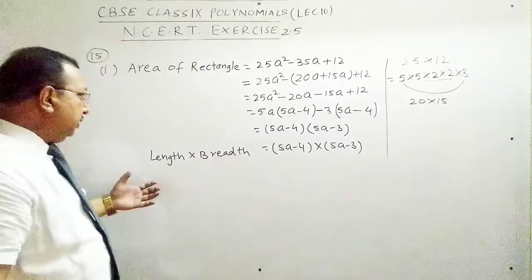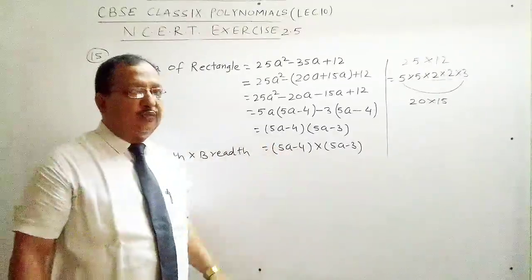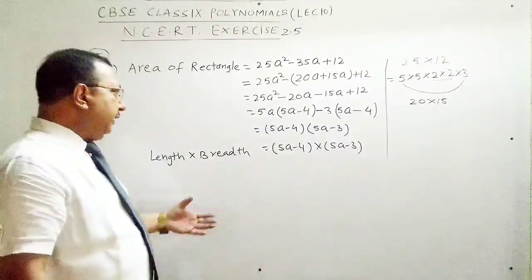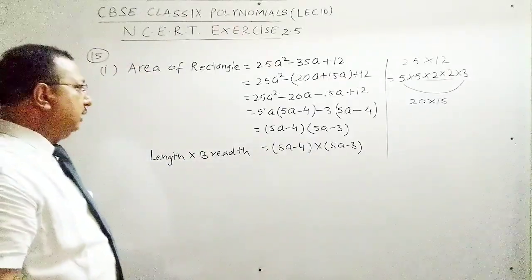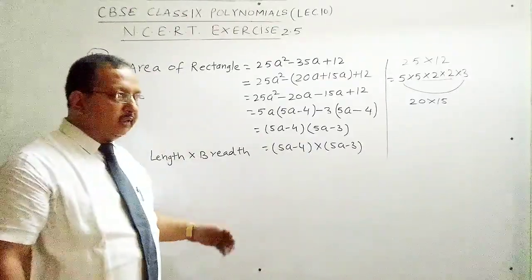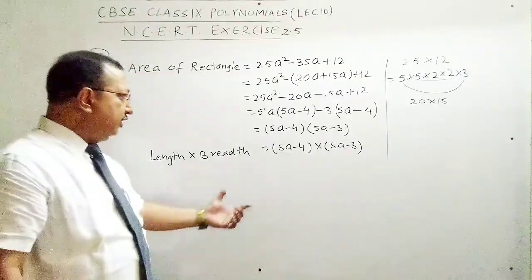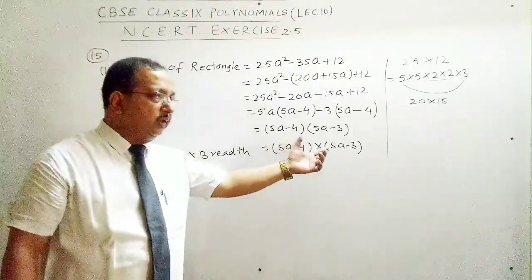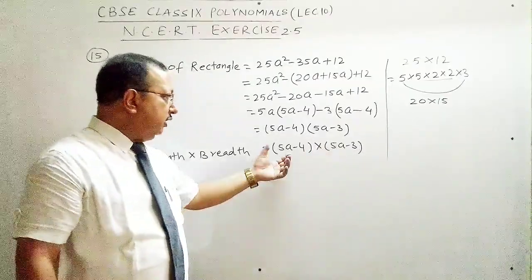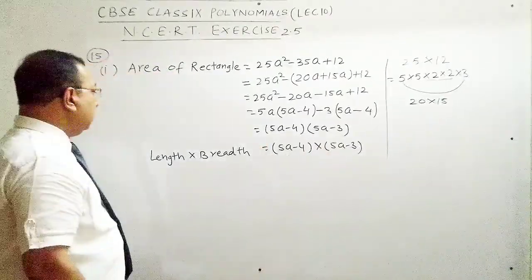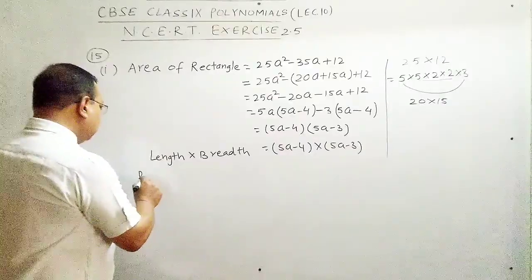You see, this comes 5a minus 4 into 5a minus 3. Then any one of these can be the length of the rectangle and other one will be the breadth. Means if this is the length, then this will be the breadth, and if this is the length, then this will become the breadth.